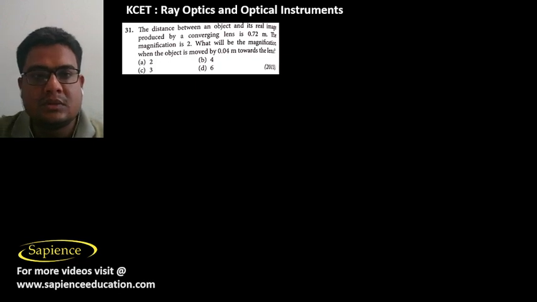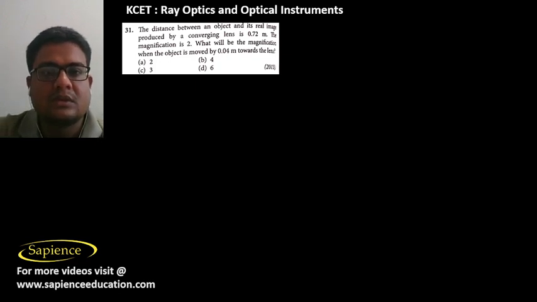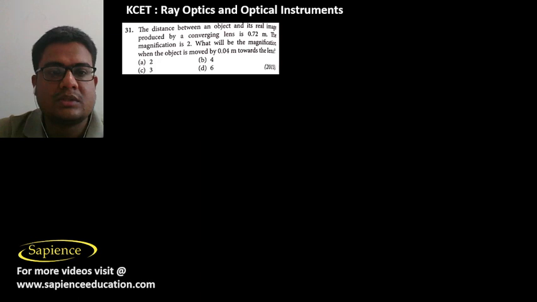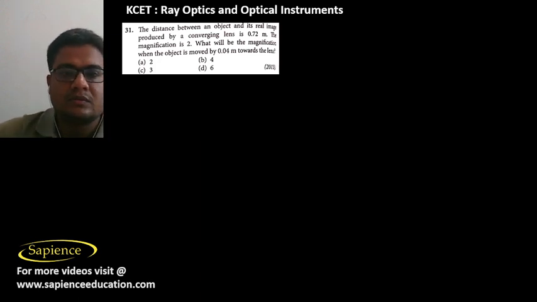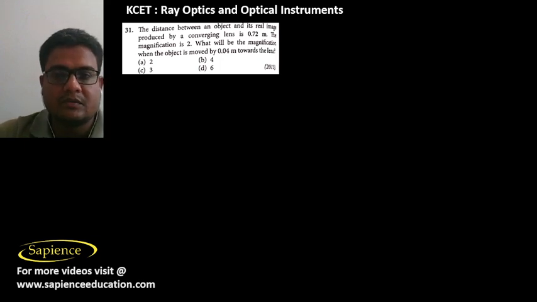Then in question number 31, it is told the distance between an object and its real image produced by a converging lens is 0.72 meters. The magnification is 2.